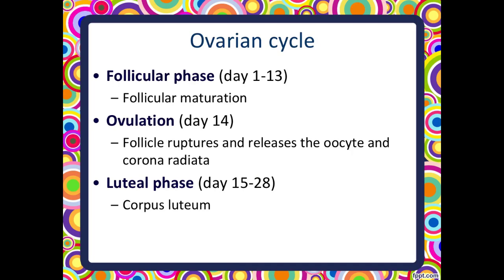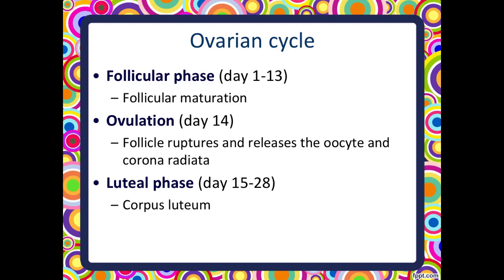Let's talk a little about the ovarian cycle. It has two phases divided by ovulation. It starts with the follicular phase, which is from day 1 to day 13, and during this phase, the follicular maturation occurs.